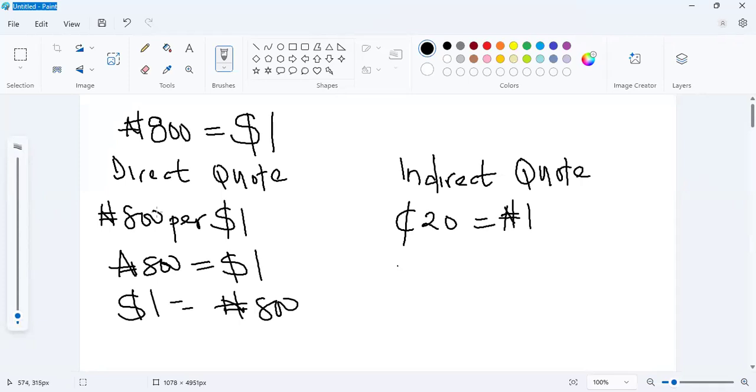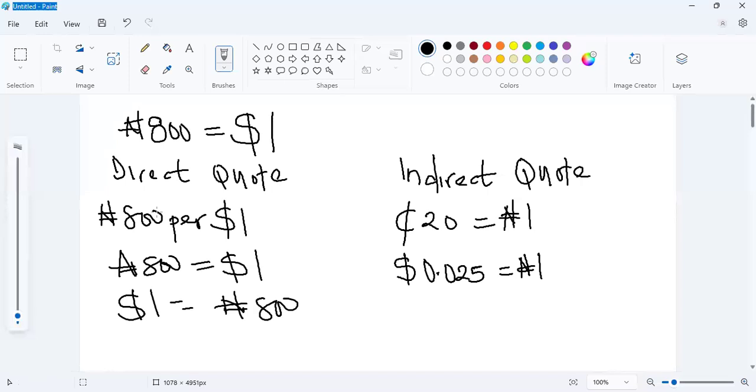Or we can say 0.025 dollar to 1 naira. Number of units of foreign currency required to buy 1 unit of domestic currency. This is indirect quote.